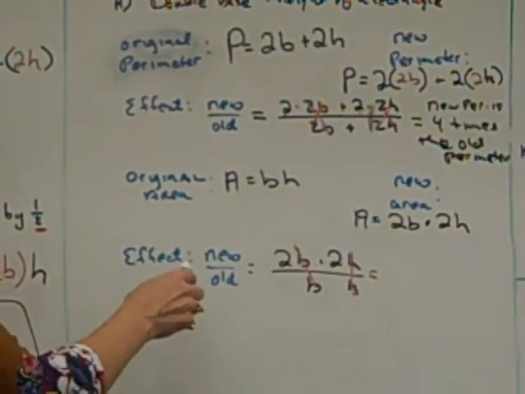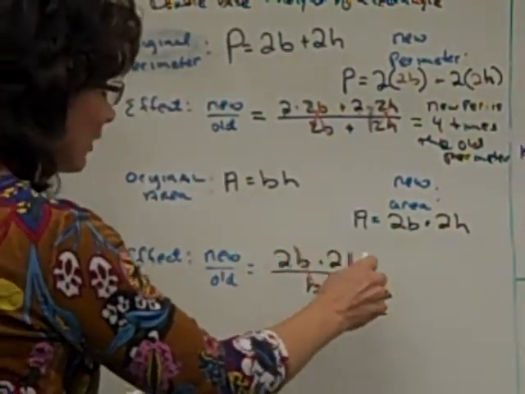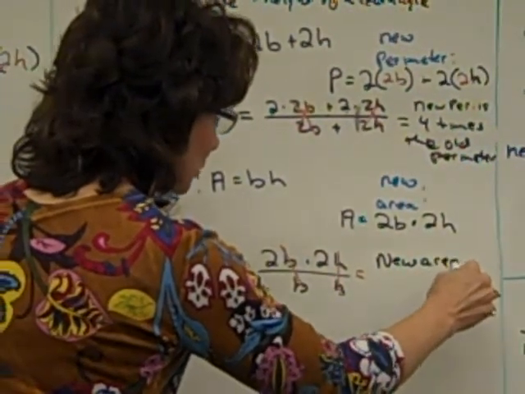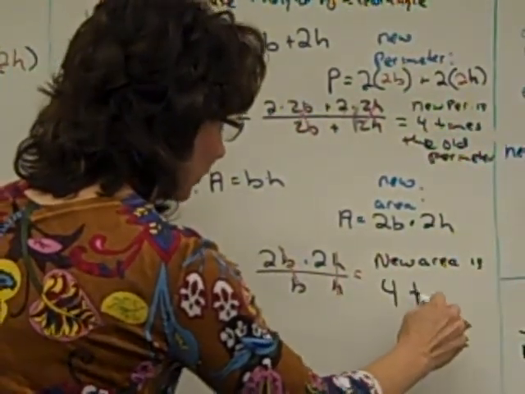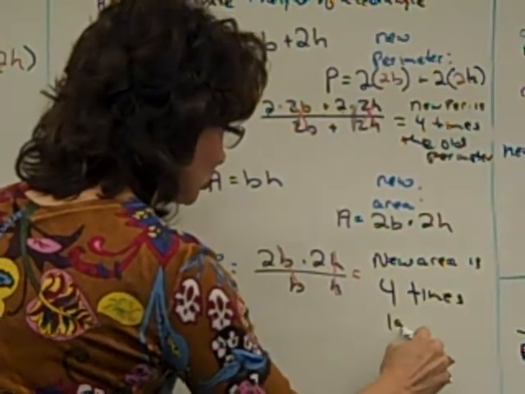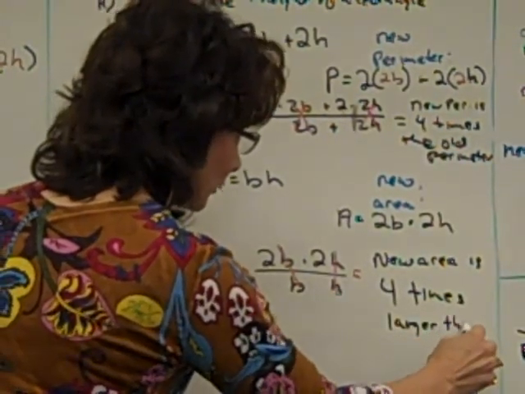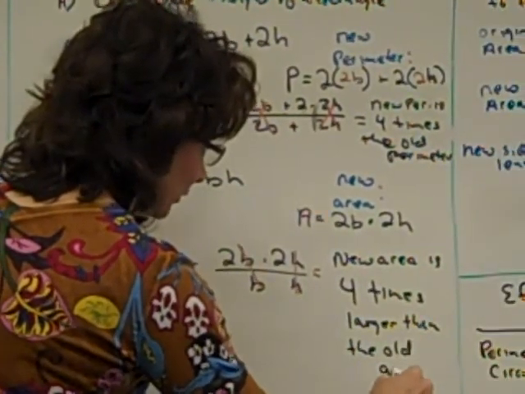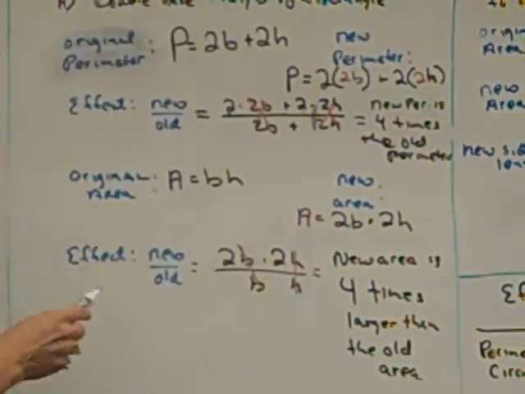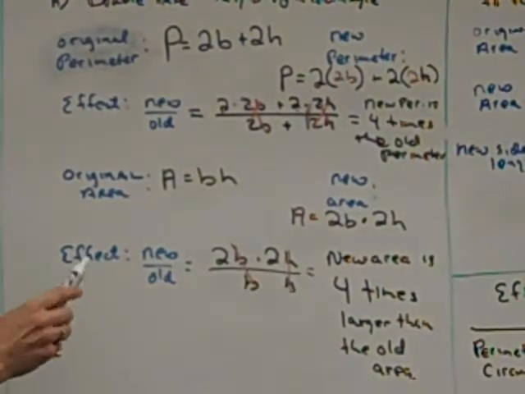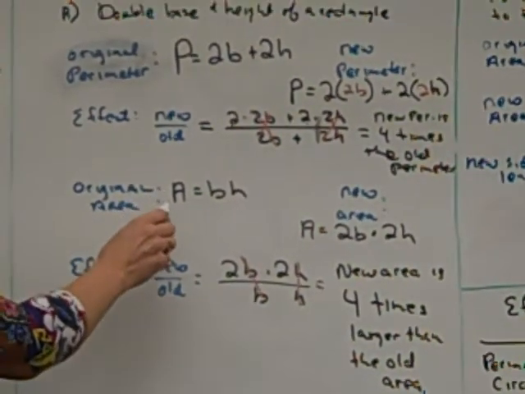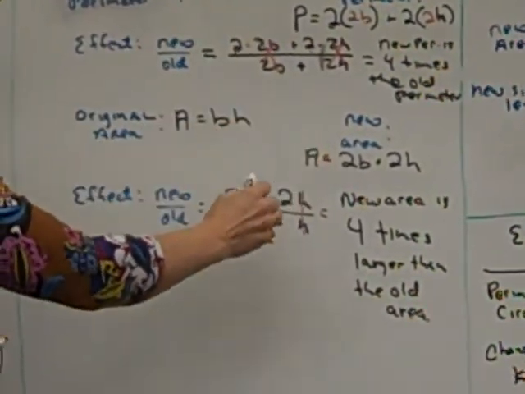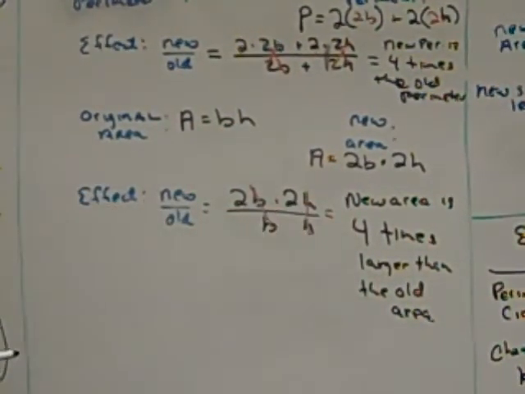And the effect on the area, 2 times 2, the new area is 4 times larger than the old area. So again, this formula, it's going to work every time. Write down the original formula, figure out the new one with whatever effect they gave you, cancel out what you can, you'll find your answer.